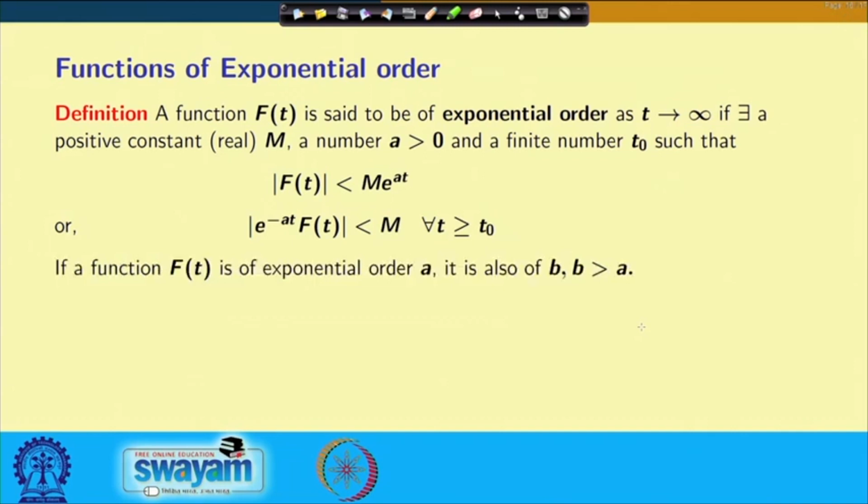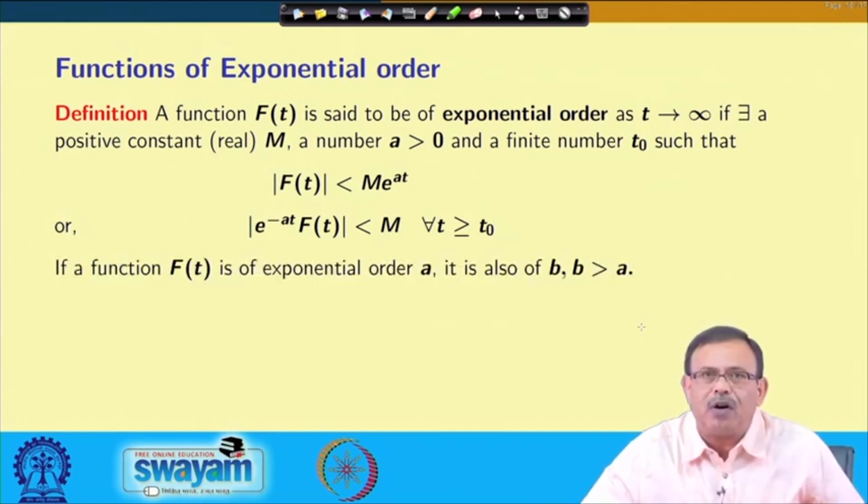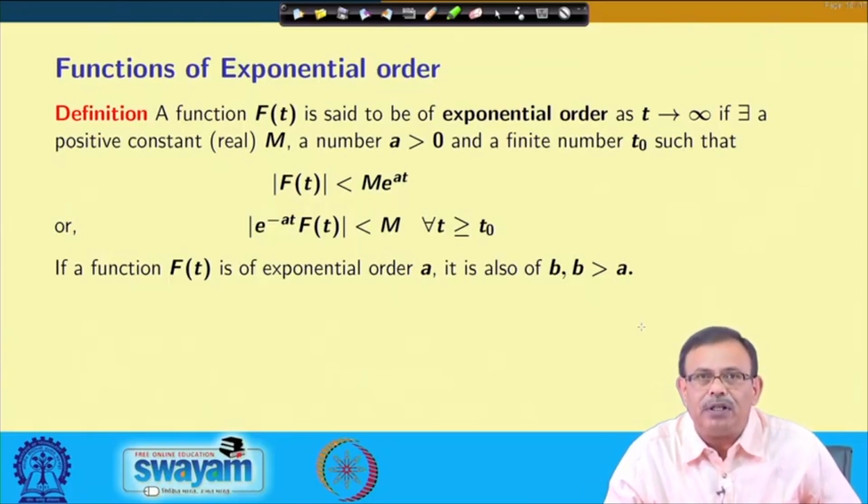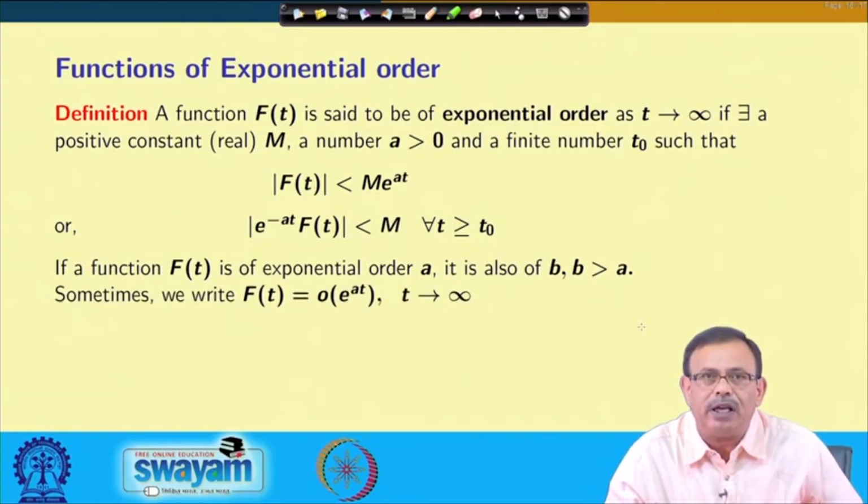Now, if a function f(t) is of exponential order a and it is also of order b, please note this one, where b is greater than a, then we sometimes write f(t) equals order of e^(at) as t approaches infinity.